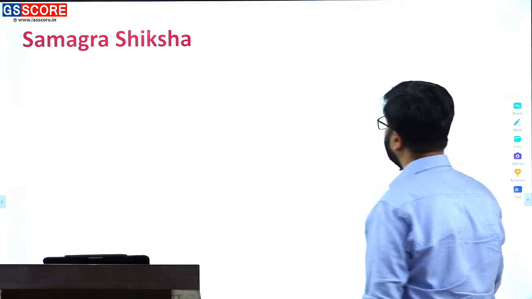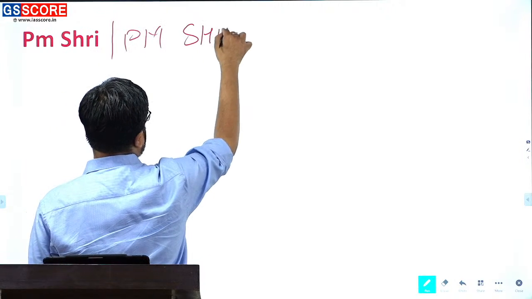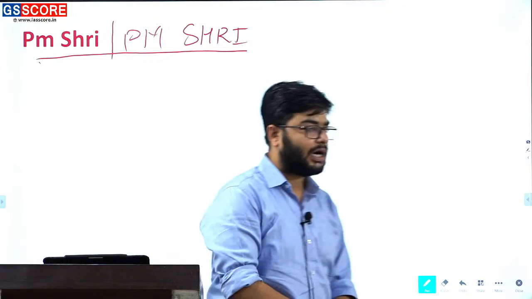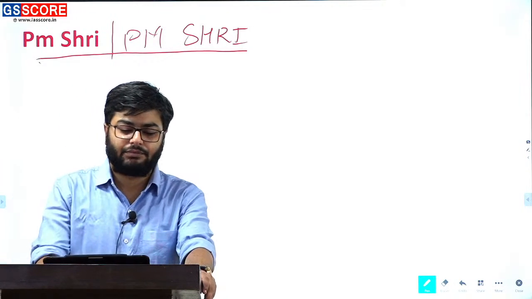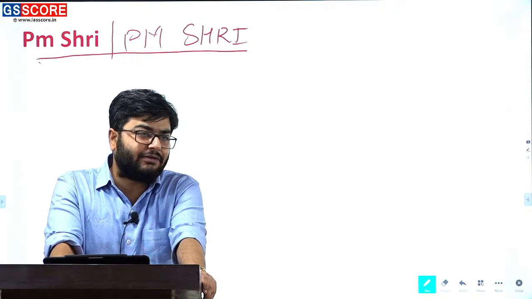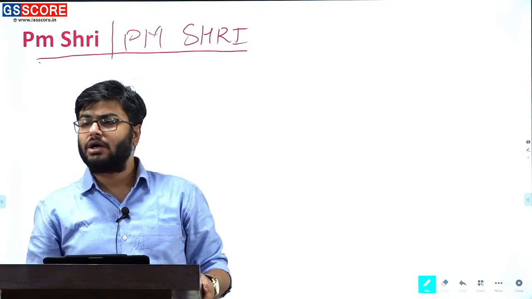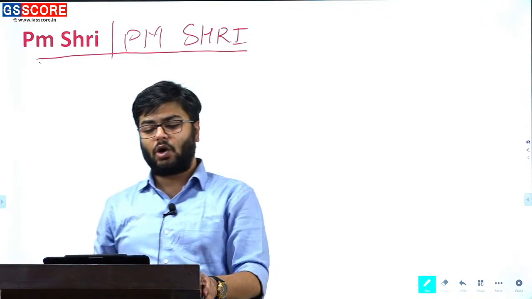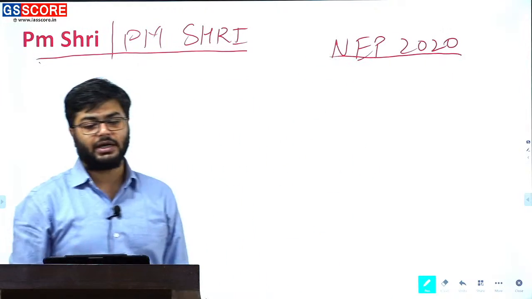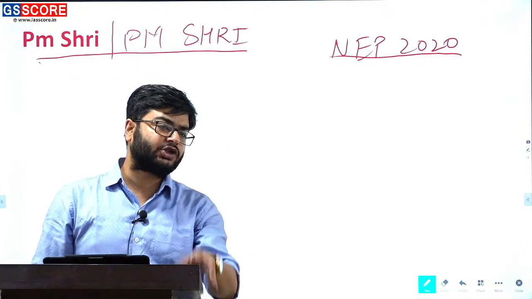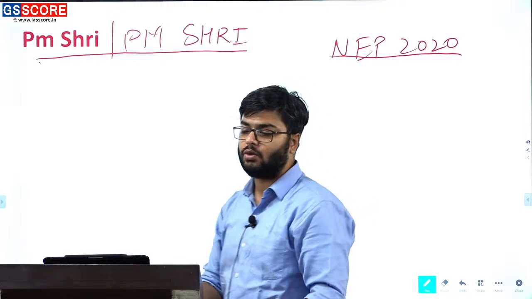Going further, PM Shri, or it is also sometimes written as PM SHRI. Again, something related to education. PM Schools for Rising India. Okay. So the idea is to develop around 14,500 schools across India into model schools, into exemplary schools, so that they demonstrate all the components of NEP 2020, that is National Education Policy 2020, and they act as showcase institutions so that they can influence the neighboring schools.